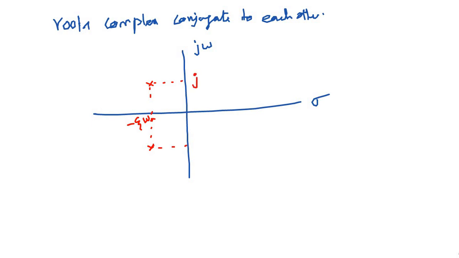One is j into omega n square root of 1 minus zeta square, other is minus j into omega n square root of 1 minus zeta square. So roots are having negative real part and they are complex conjugate to each other. So this kind of system is called an under-damped system. This system also will produce oscillations when you apply an input signal, but the oscillations will die out after some time. That's why it is called an under-damped system.